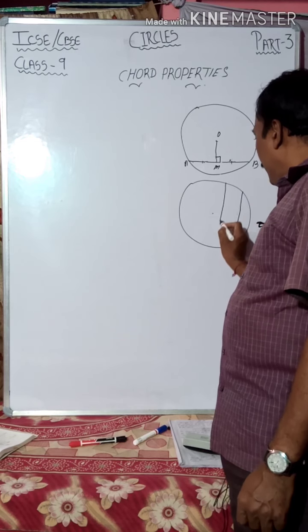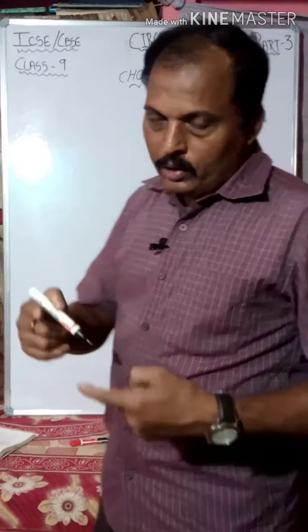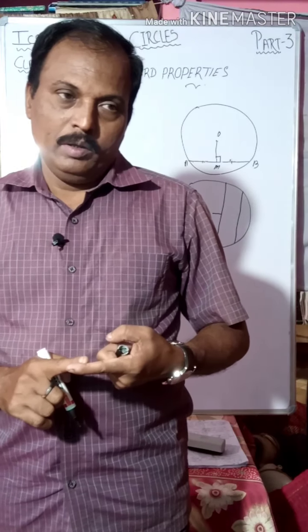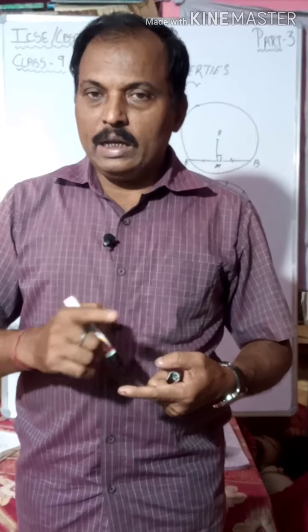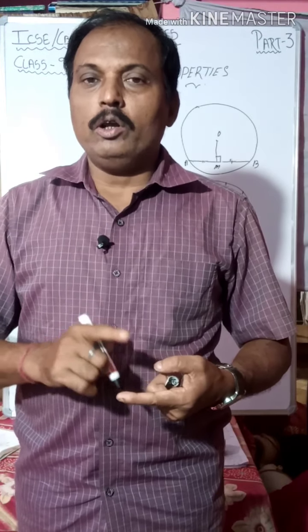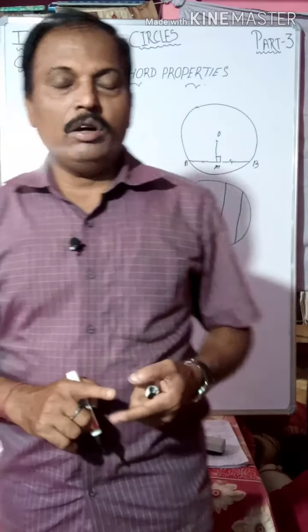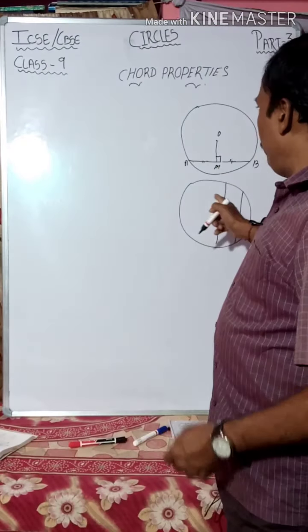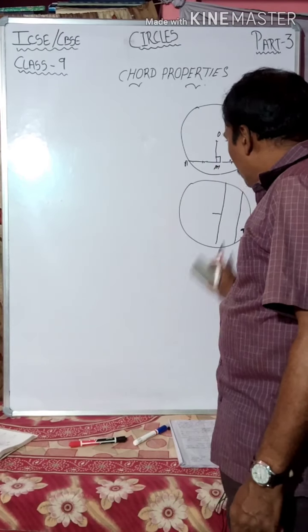If a chord is larger, it is nearer to the center. So the smaller chord is at a larger distance from the center, and the larger chord makes a smaller distance from the center. These are the 2 things to remember about the 2 theorems. Next we will go to the next theorem.